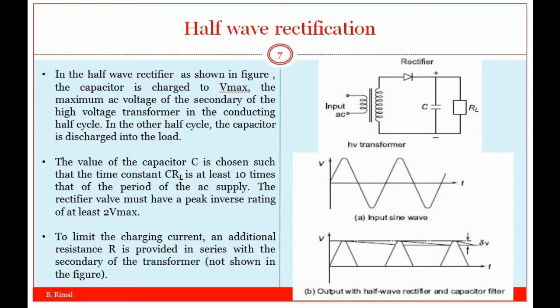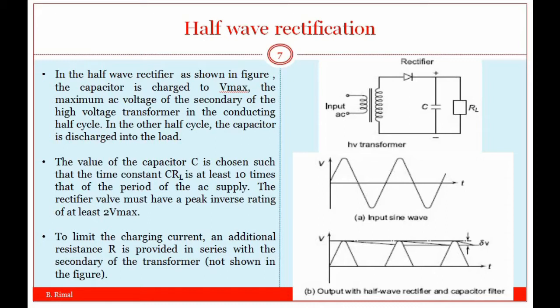At first, half wave rectification. The word itself speaks to what it actually is: half of the AC waveform is rectified to DC. In this figure, you can see a transformer.